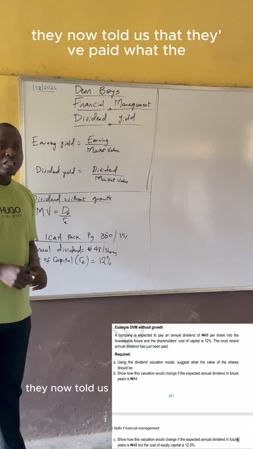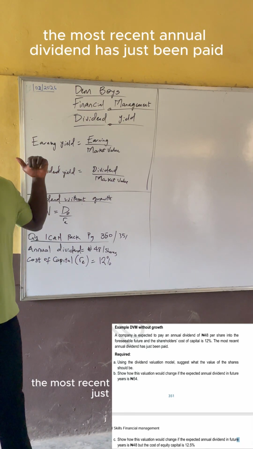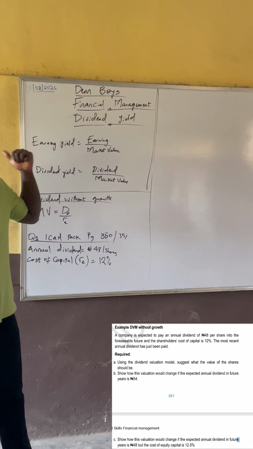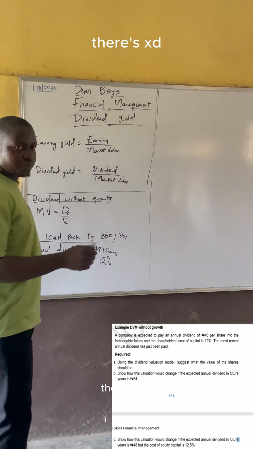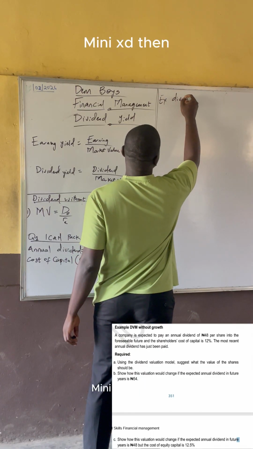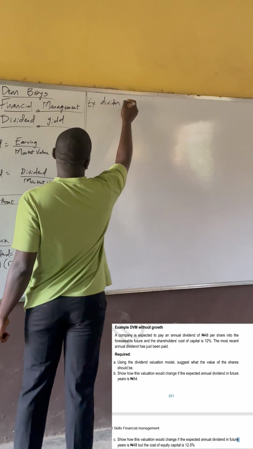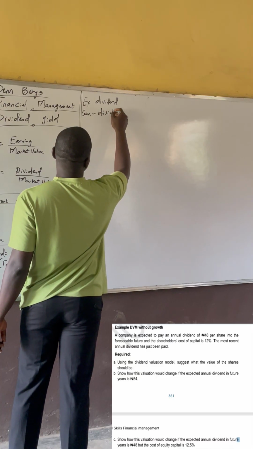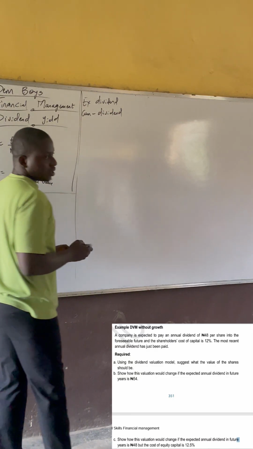They told us that the most recent annual dividend has just been paid. Meaning what? It is XD, meaning ex dividend. And there's full div.